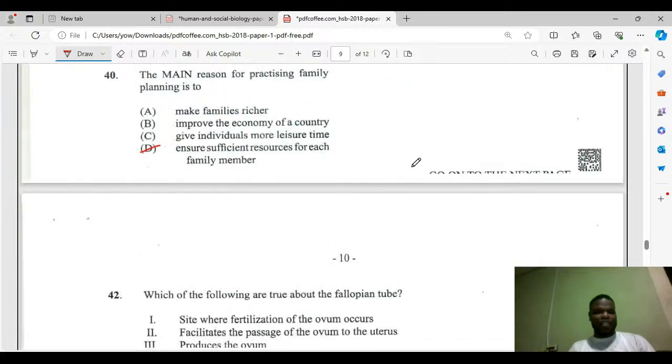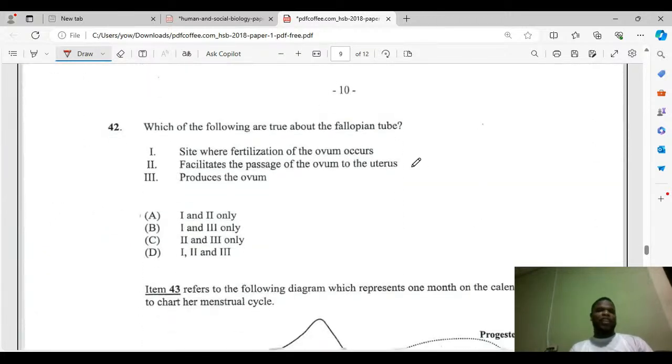Moving on to 42. Which of the following is true about the fallopian tube? Subjects are intertwined sometimes.